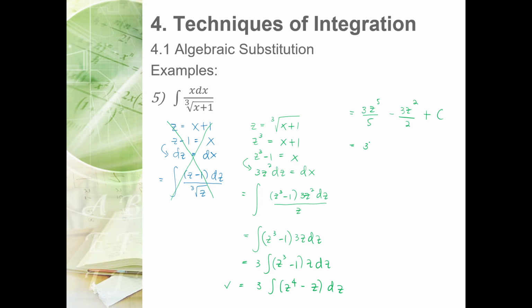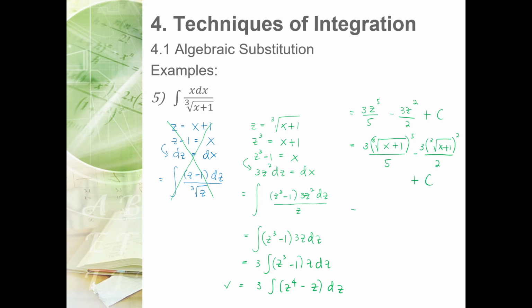Since this one is a cube root, again, it depends on your style on how you want to express your radical expression. If you want to express this in roots, that is possible: minus 3, then cube root of x plus 1 to the power of 2 over 2 plus c.